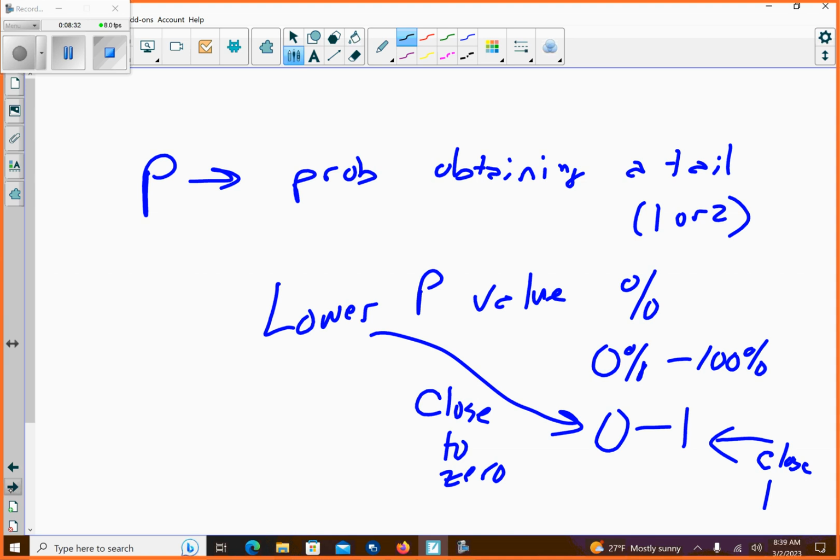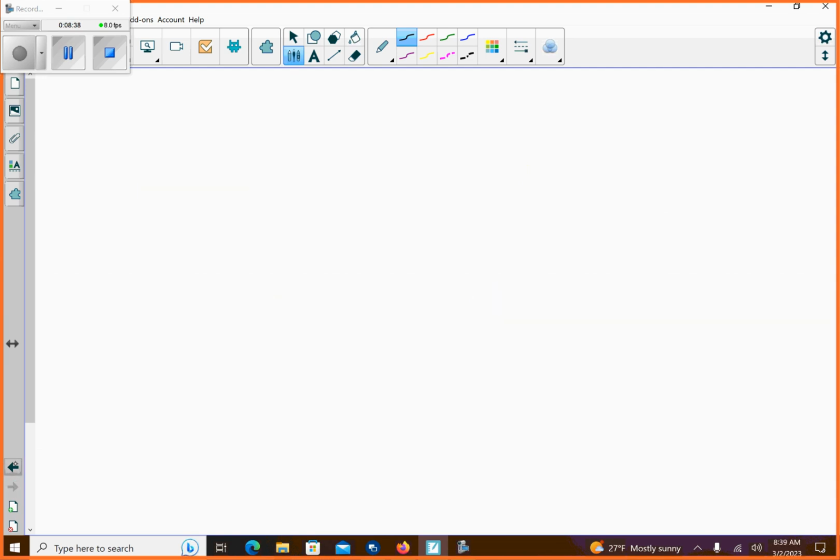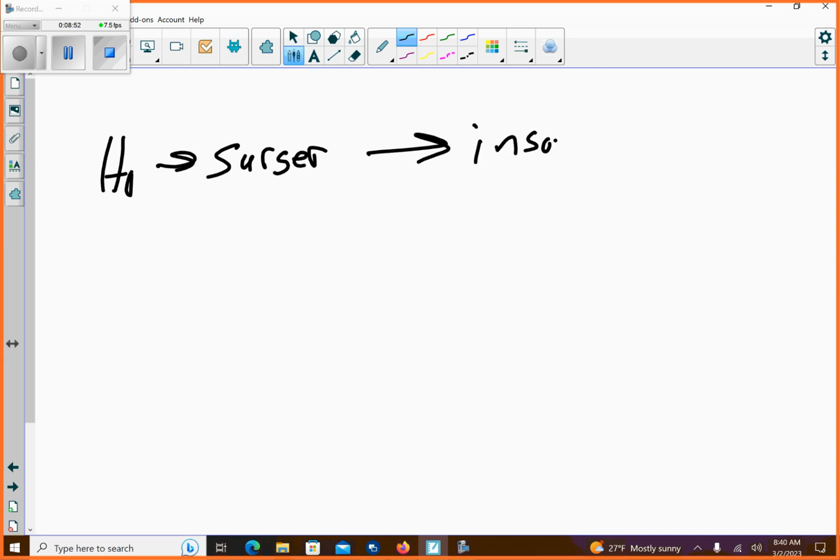All right, so again, a p-value close to 0 means something. A p-value that's close to 1 means something else. So we had finished with this, but they say that our H naught has to do with sugar. Sugar leads to insomnia or not sleeping, lack of sleep.